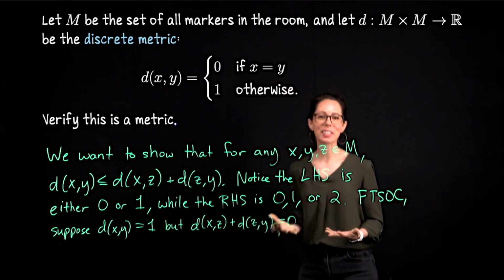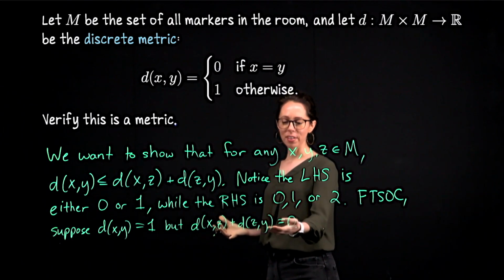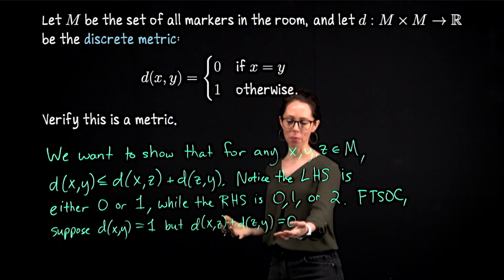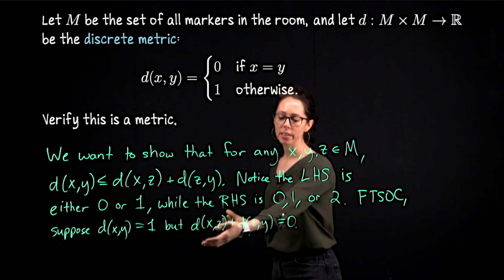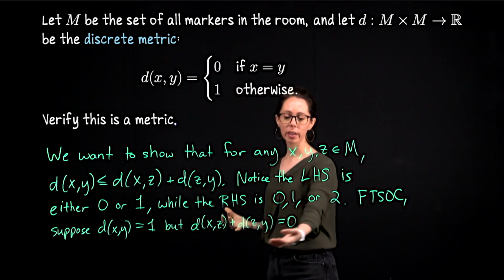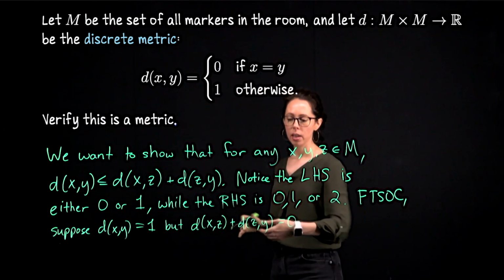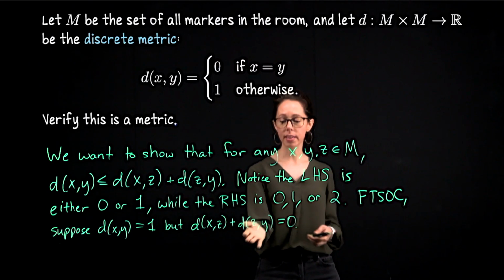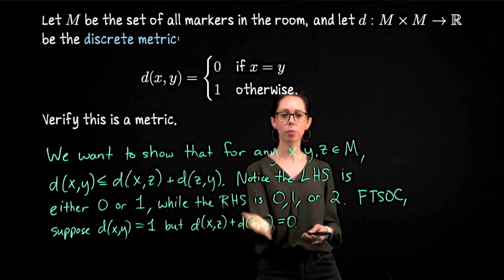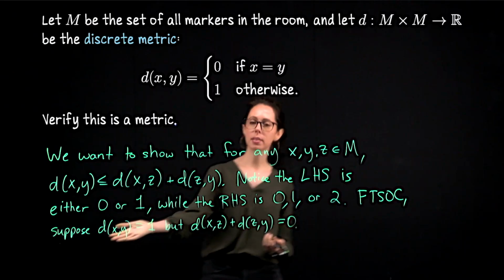You probably see what's going on now. If the right-hand side is 0, we must have added 0 plus 0. That's the only way we could get 0 out of this sum. But that means x equals z and z equals y, which means x equals y by transitivity, but then that means the left-hand side is 0.